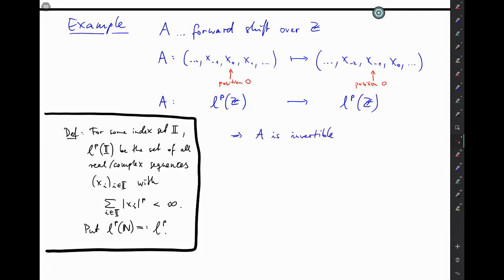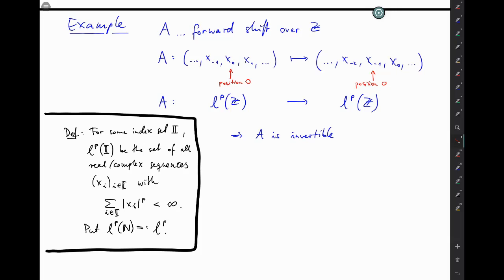And recall that this would not be true if we had written the natural numbers here and here, and try to remember why. So in this case, we even know the inverse, and it's very simple. And nobody would really need approximation methods here to approximate the inverse or to approximately solve equations that include the forward shift, because solving them just involves the backward shift.